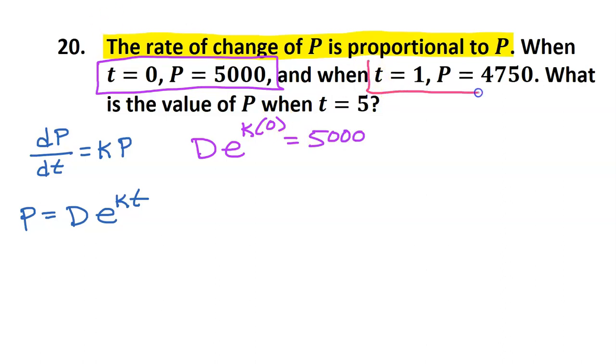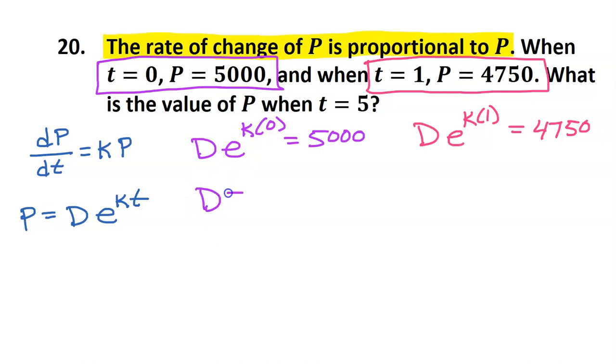Similarly, let's put in 1 for t, and that should equal 4,750. So D times e to the k times 1 should equal 4,750. Coming back to this one, k times 0 is 0, e to the 0 is 1, so D is equal to 5,000.